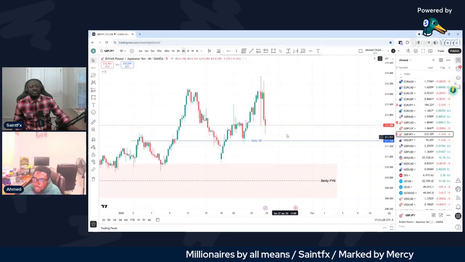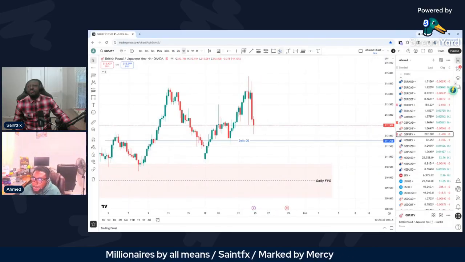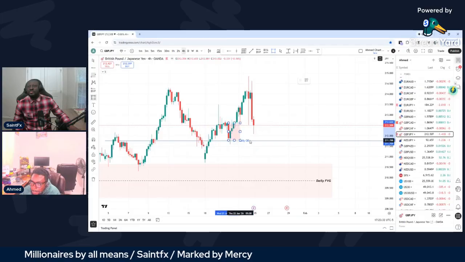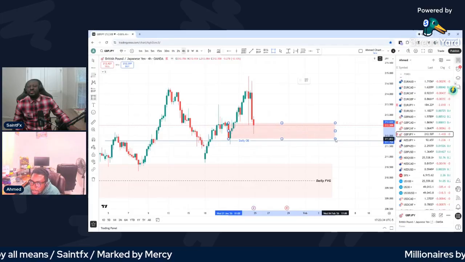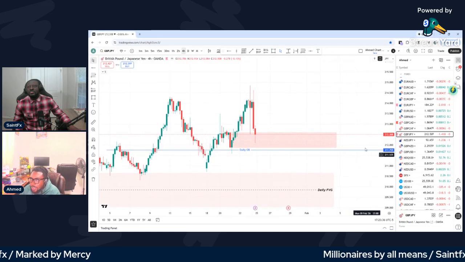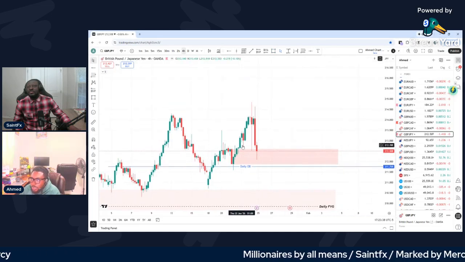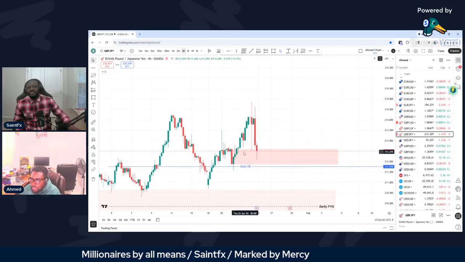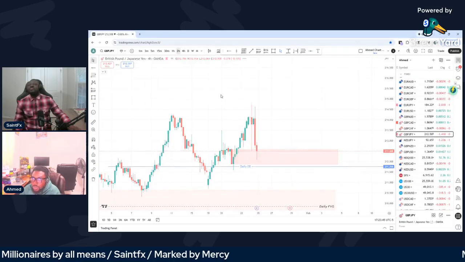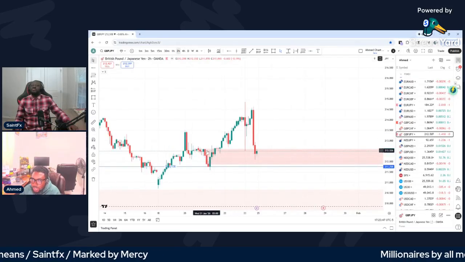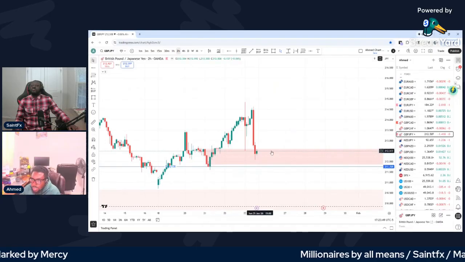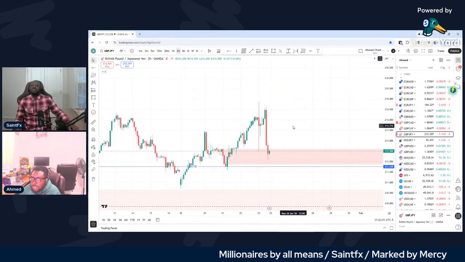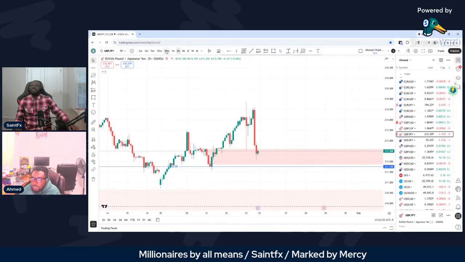I'll use the 4 hours for my demand zone. So now I'm here and I hope this area gets respected. Even on the 2 hours, it's the same thing because all these down candles here, then this is where it breaks it. So what I'm looking for now is 30 minutes.